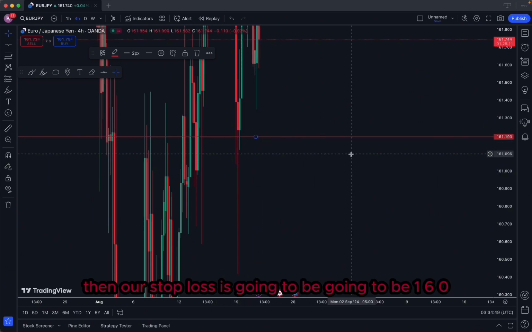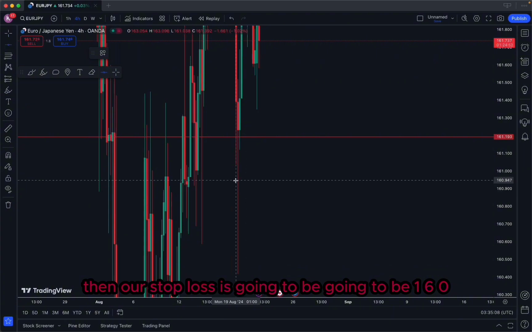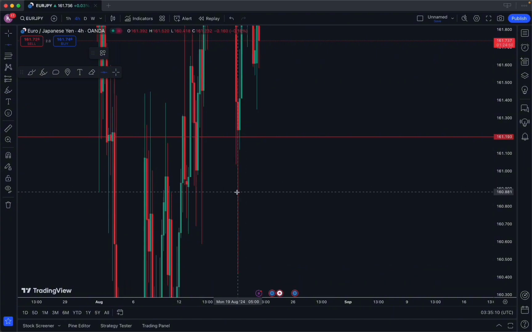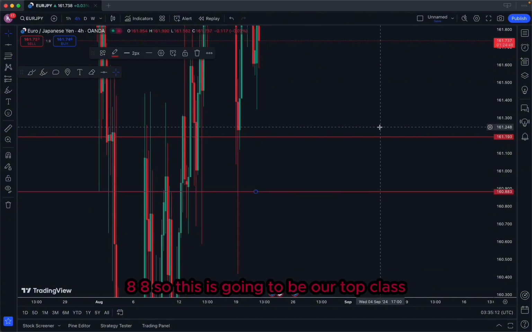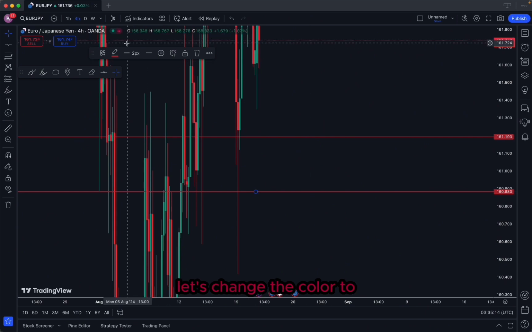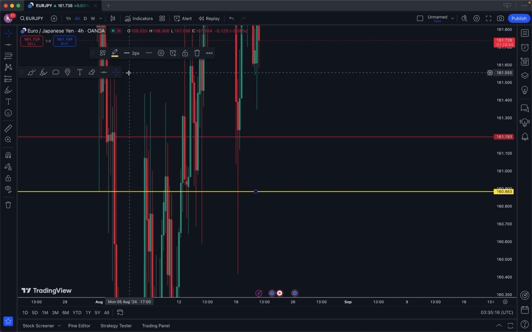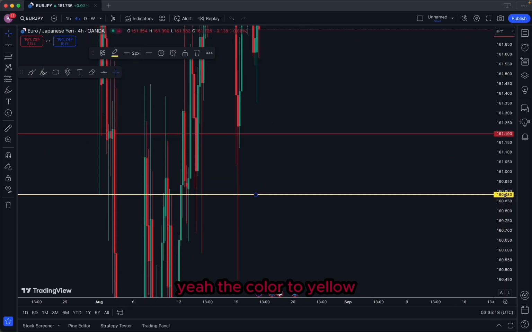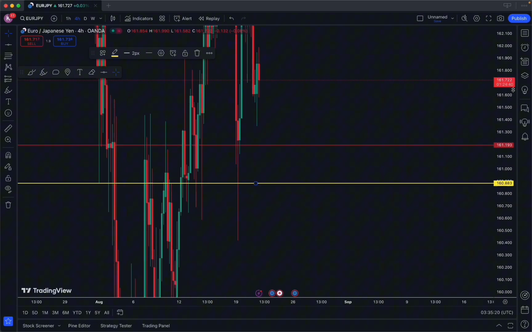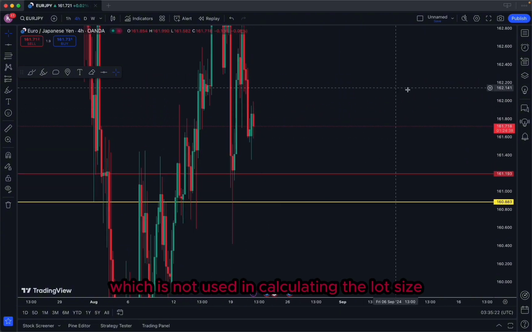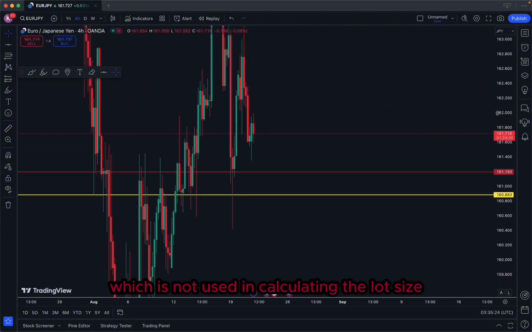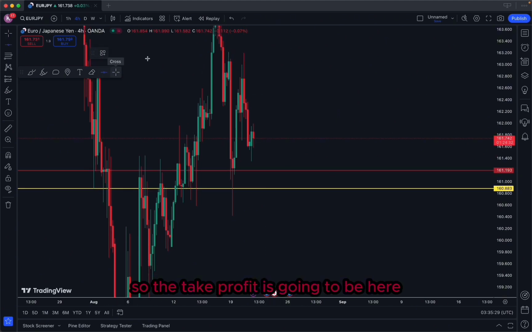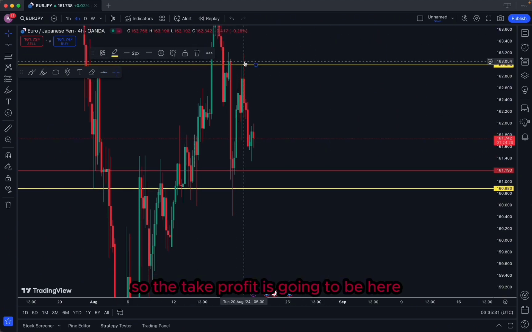Then our stop loss is going to be 160.88. So this is going to be our stop loss. Let's change the color to yellow. Then our take profit, which is not used in calculating the lot size, but let's just write it.